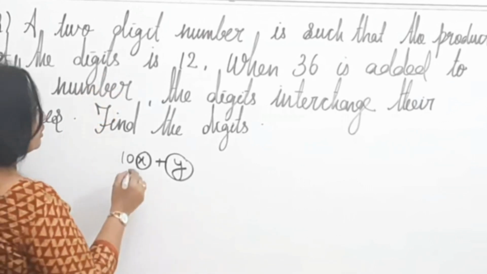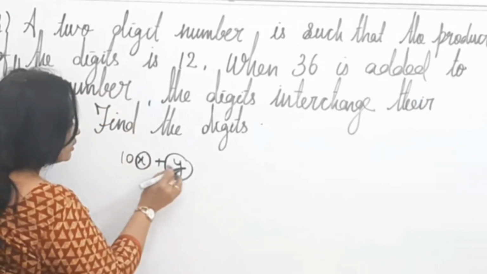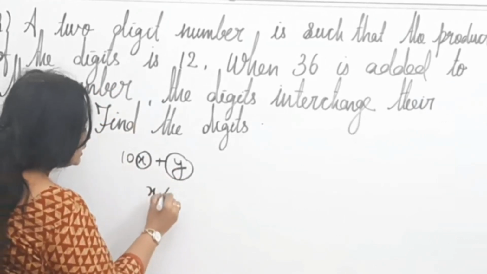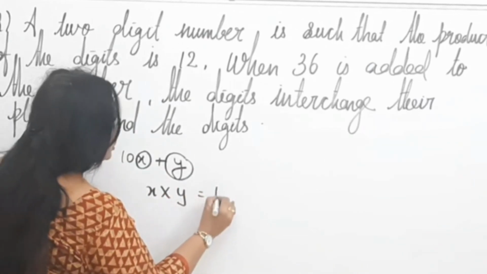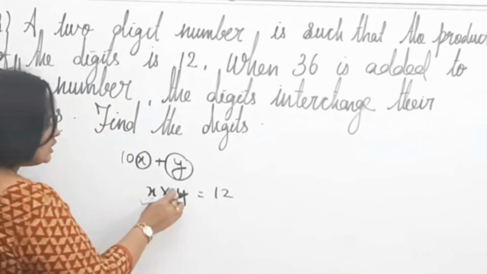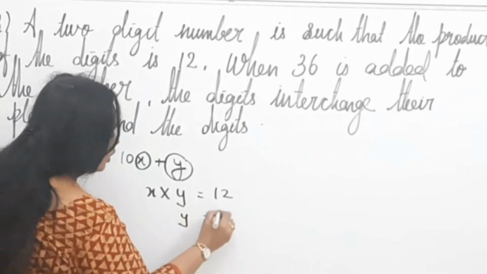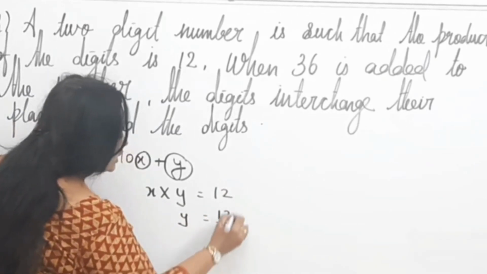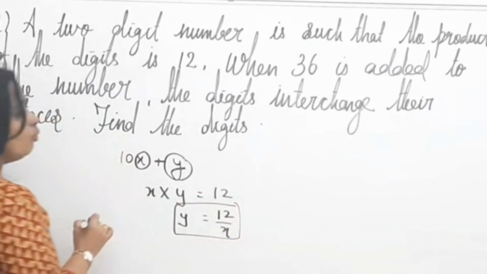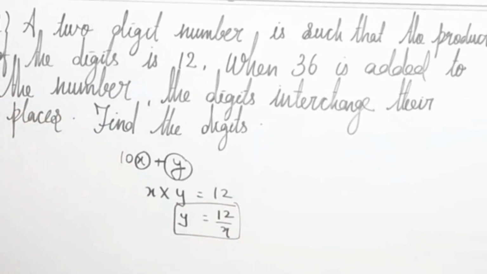What is given here? The product of the digits, when multiplied, I get 12. So what is my ones place digit? That is y is equal to 12 by x. So this is my y, the ones place digit.